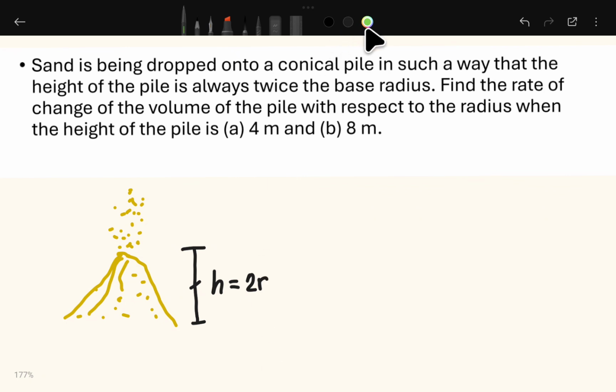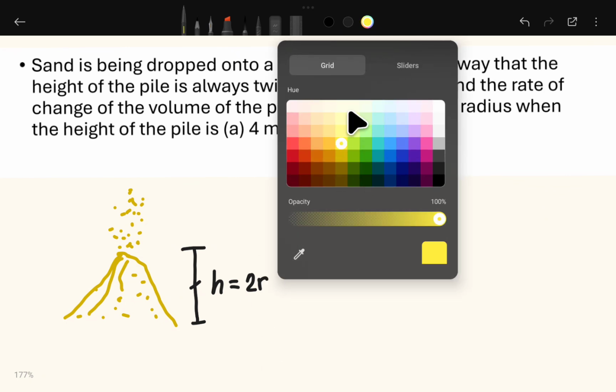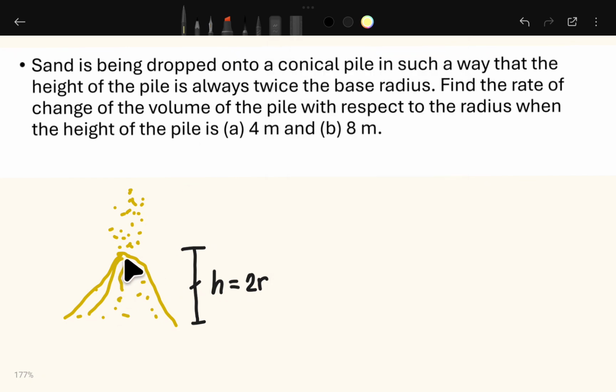Meaning to say, we can get the ideal shape, that of a right circular cone. And we have a certain radius. We have here r. And so we need to know the rate of change of the volume.